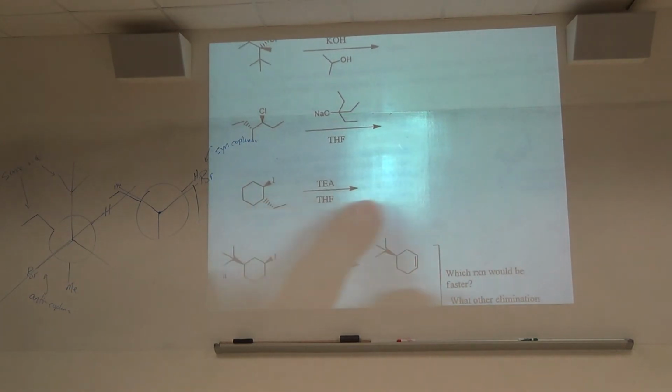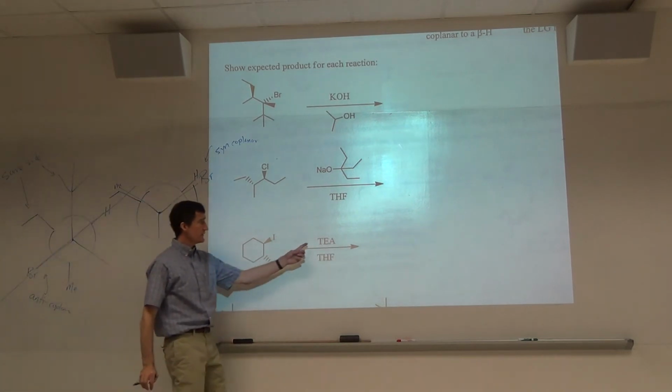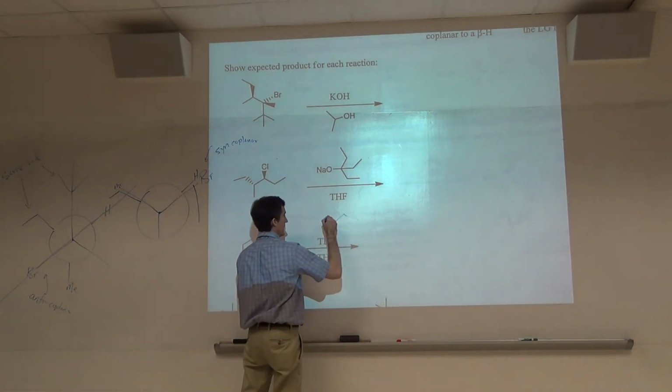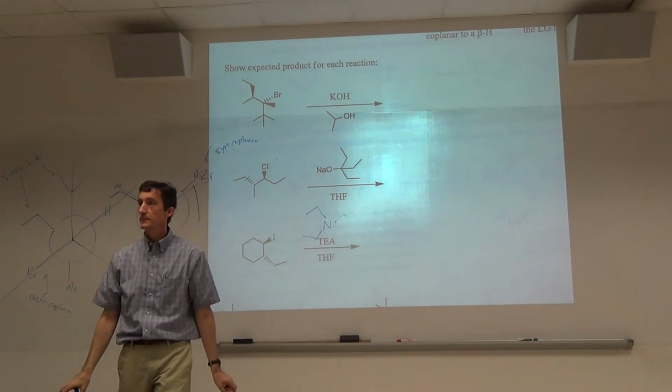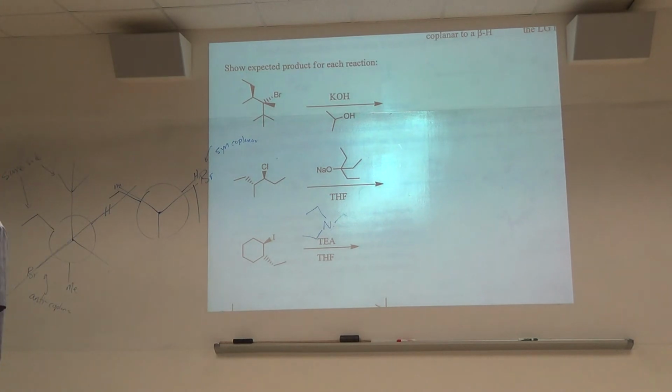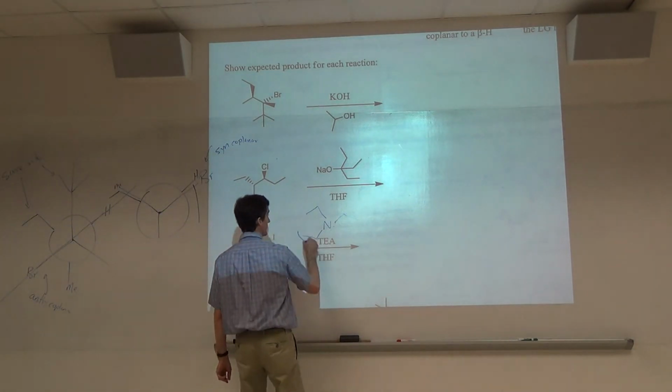Let's do one with a ring. TEA is triethylamine. That's your base here. Is it strong or weak? It's strong. Now, it's not as strong as the sodium hydroxide, but it's still considered strong.